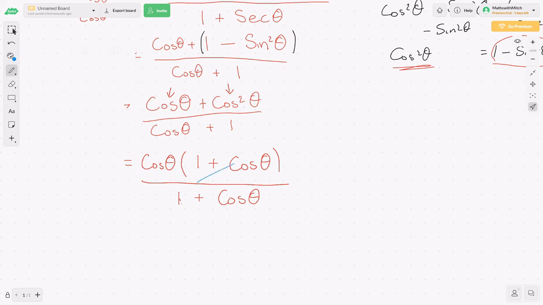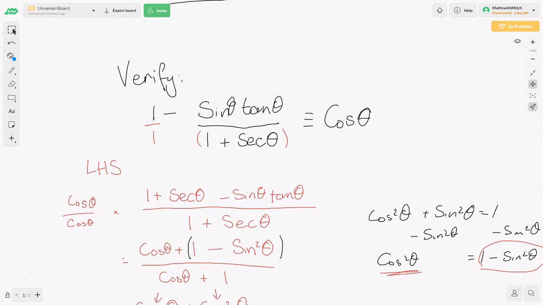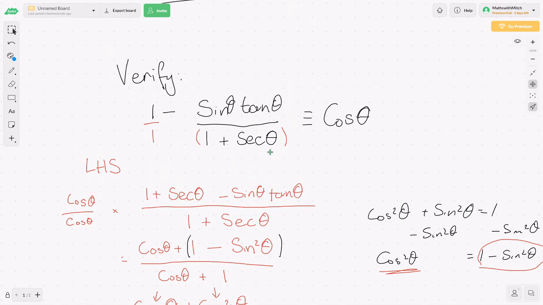And now you can see that that divides through by that. They'll cancel, and what we're left with is cos theta. And if we remind ourselves back at the start, that equals the right-hand side of that equation. So what we've done is proven and verified that that trig identity is in fact correct.